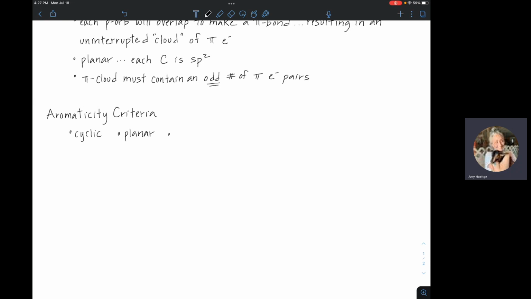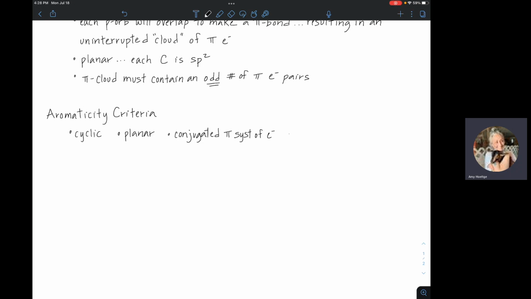You need to have a conjugated pi system. So an uninterrupted cloud. So a conjugated pi system of electrons.